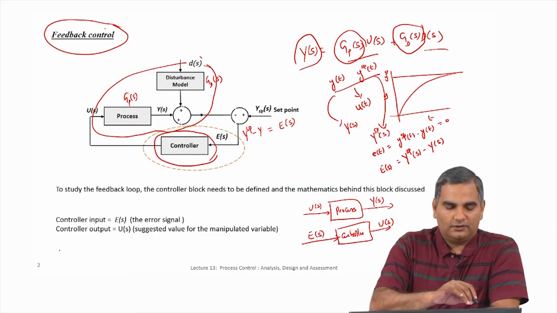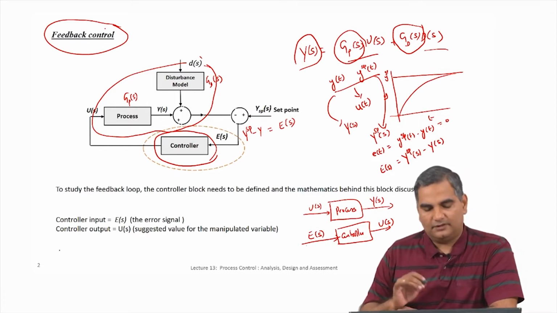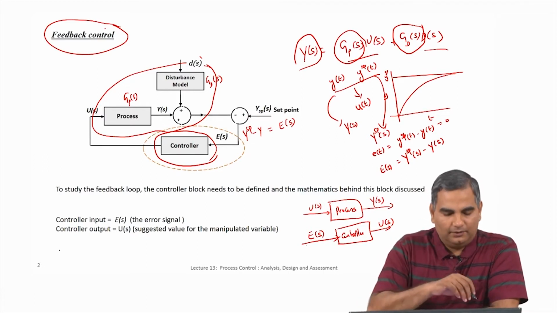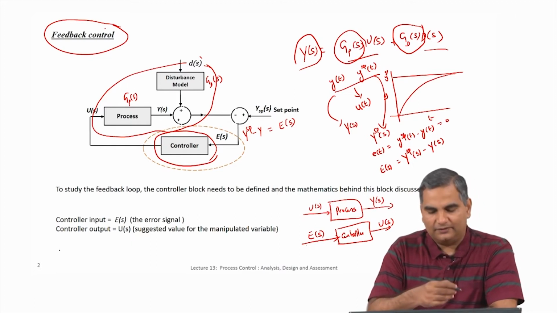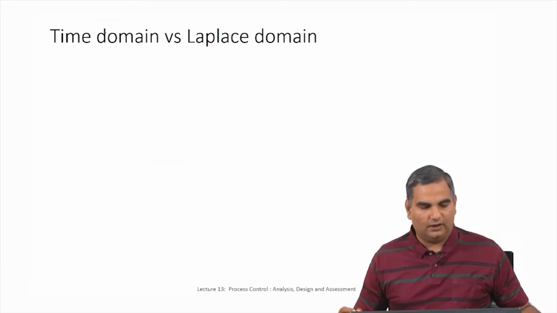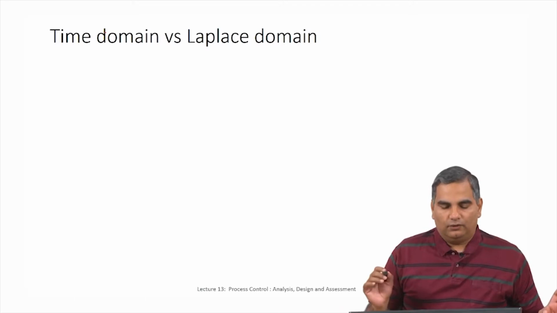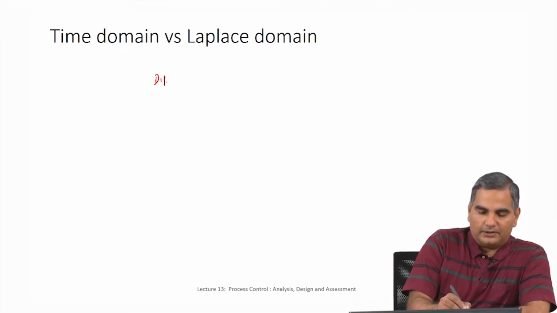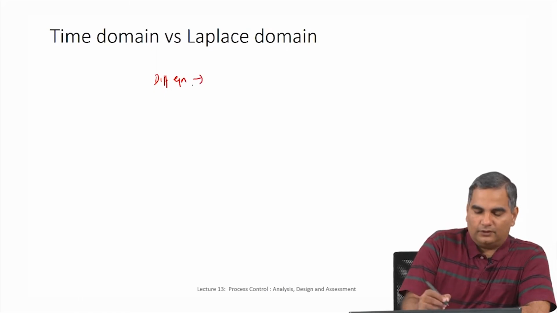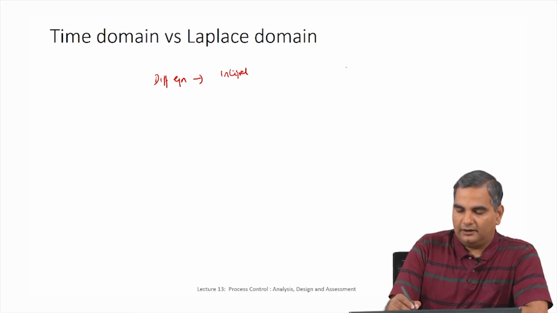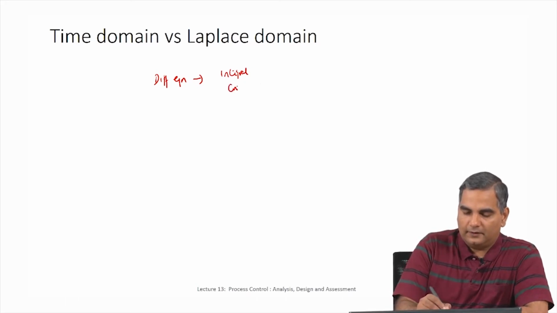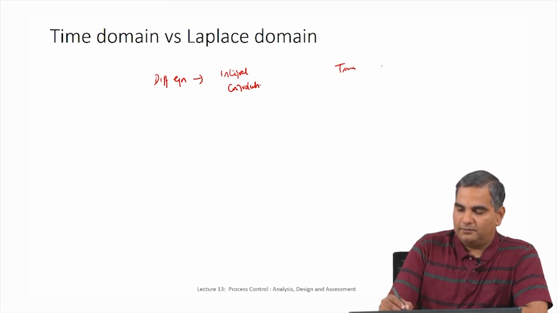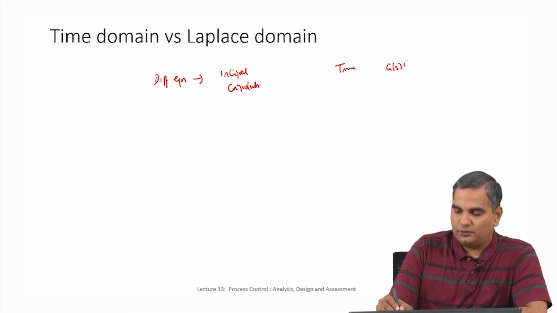And notice how we have put all of this in the Laplace domain. Now, the biggest advantage of this block diagram is that everything is algebraic. You will see how we do this. In the time domain, I have a differential equation whose solution is an integral solution, which is a convolution integral. In the Laplace domain, this simply becomes multiplication, g of s times u of s.